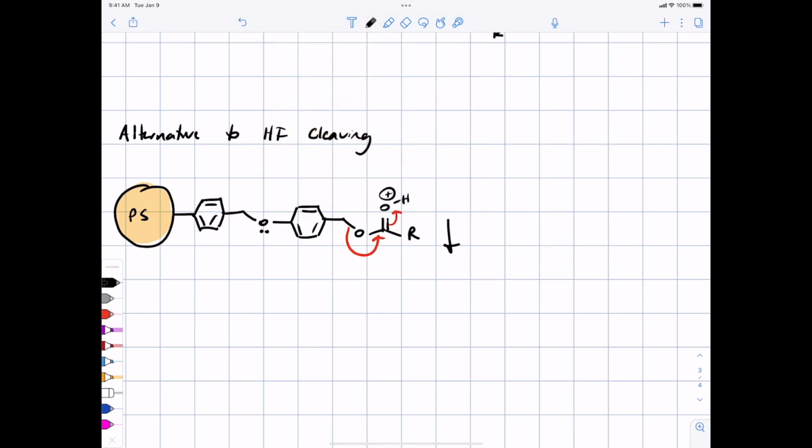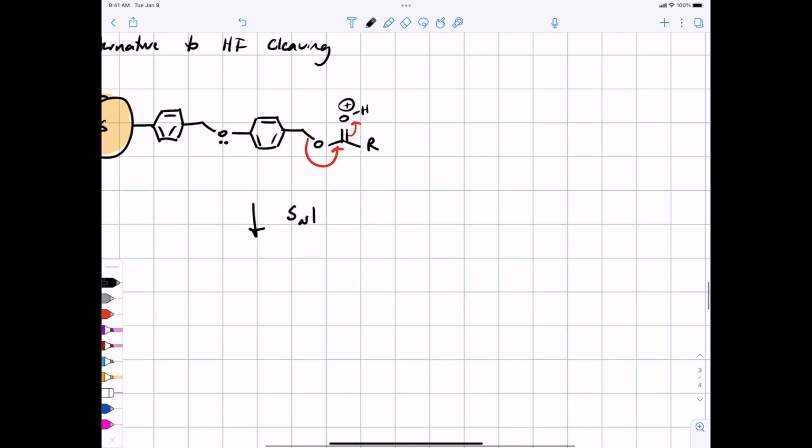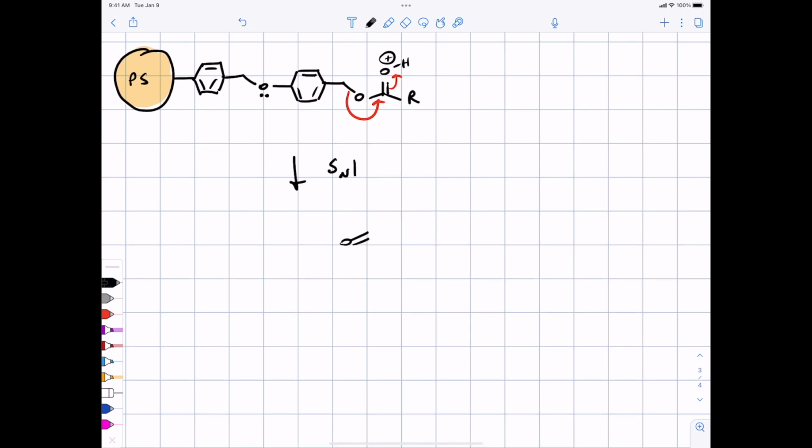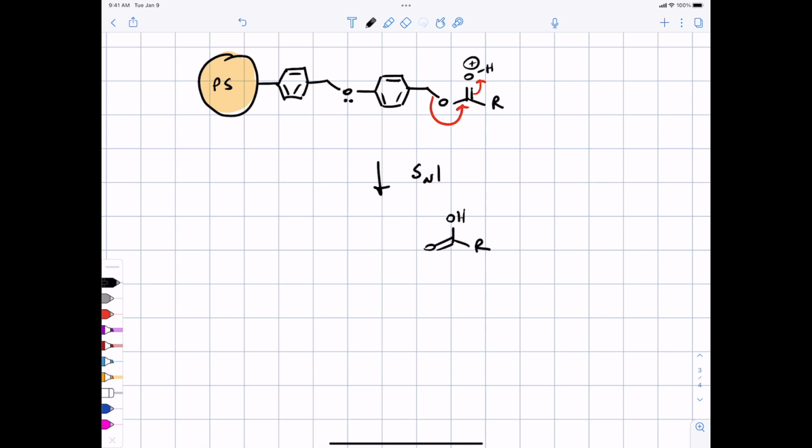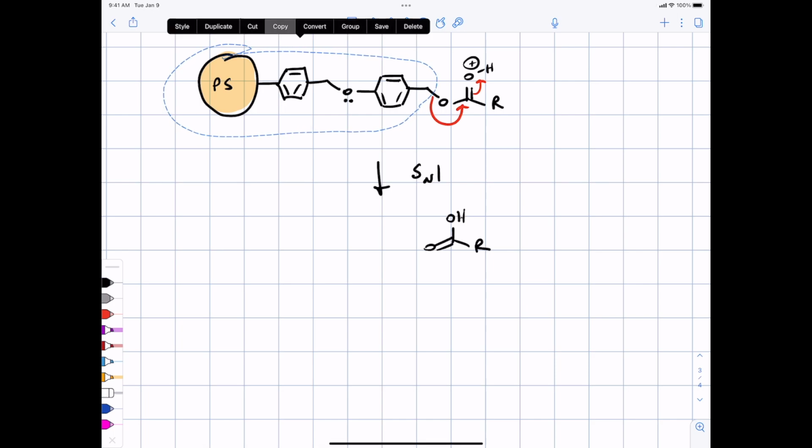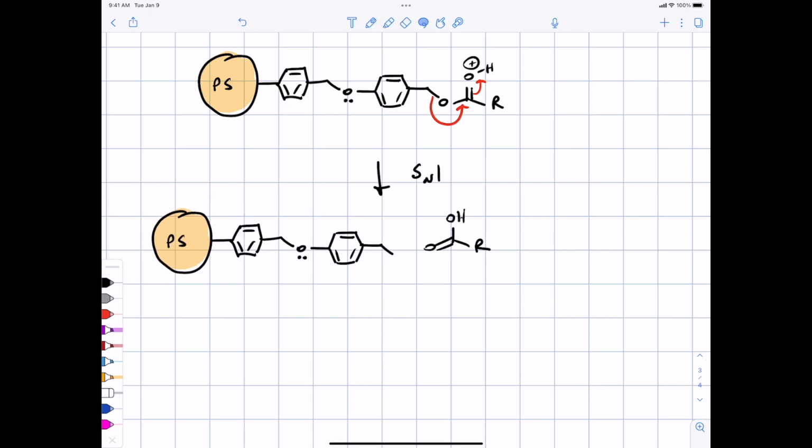That would be your peptide leaving in sort of an SN1 type fashion to give you your free peptide. And then the reason this can happen becomes clear if you look at the carbocation that's left behind.